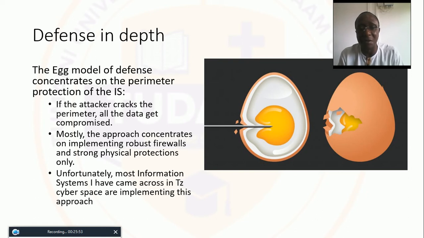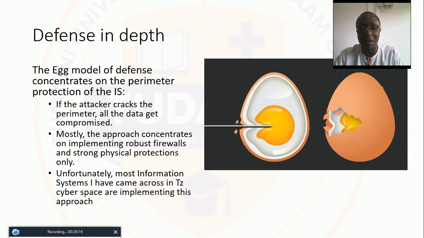And unfortunately, I found it in many organizations until now. If you break their firewalls, which is quite easy to do, then you get data so easily. Therefore, I advise you to concentrate more on the onion ring style than the egg model of cyber information security.